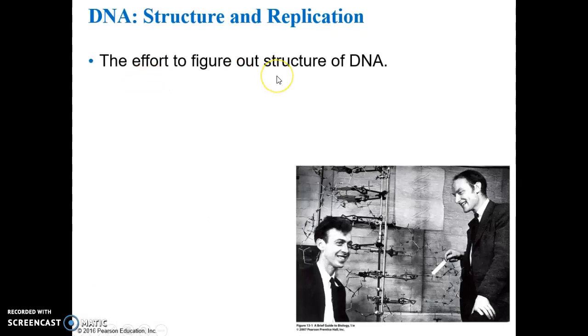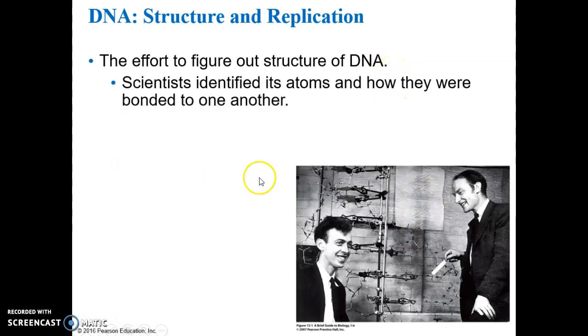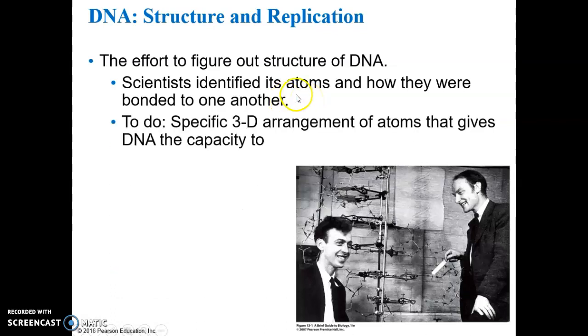We talked about DNA a bit already. The effort to figure out the structure of DNA also occurred in the 40s and then into the 50s. Scientists identified its atoms and how they were bonded to each other, covalently and by hydrogen bonding. What they needed to do was figure out the exact configuration of the models to form the three-dimensional arrangement of DNA that would allow it to do what it does.